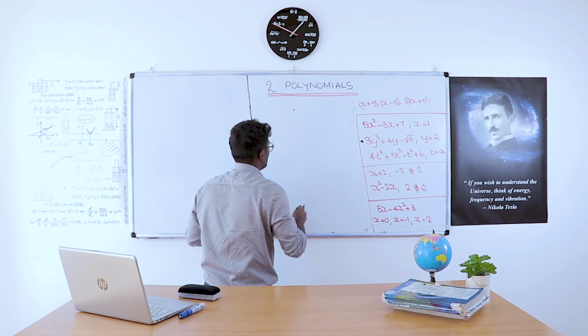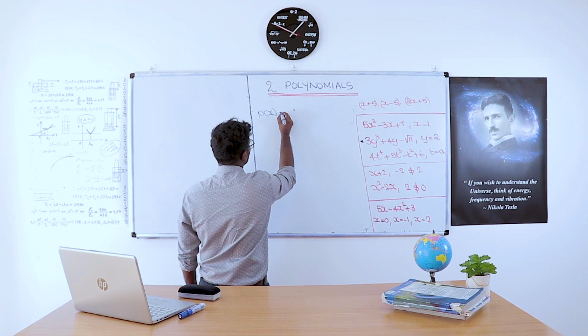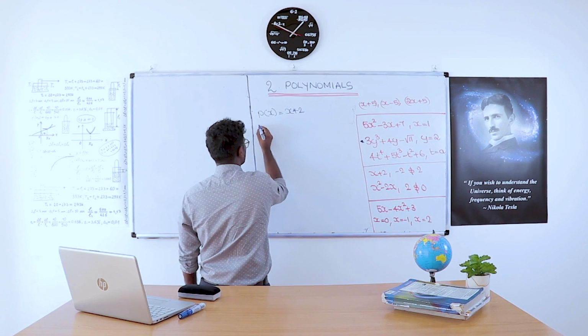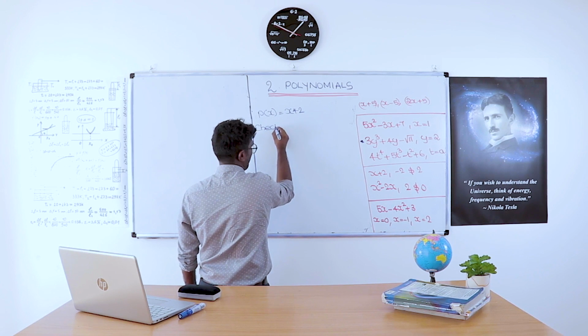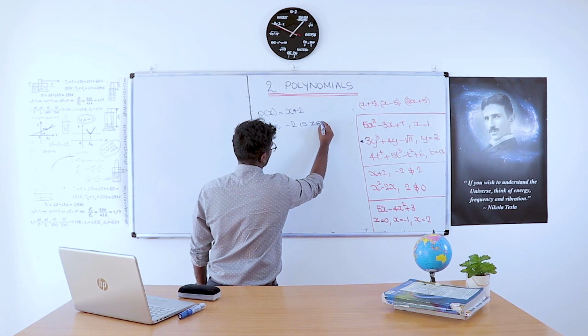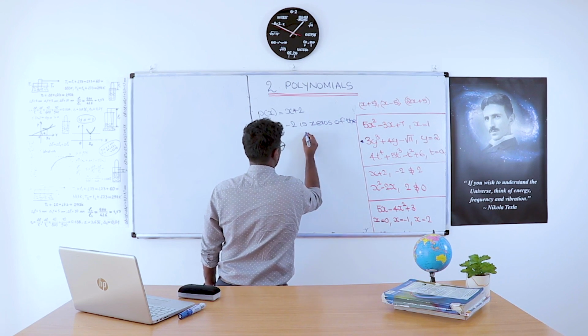Given P of x is equal to x plus 2, check whether minus 2 is a zero of the given polynomial.